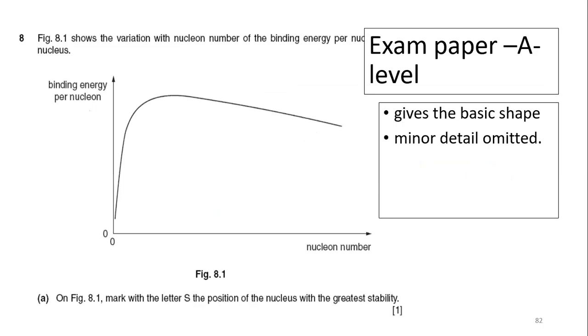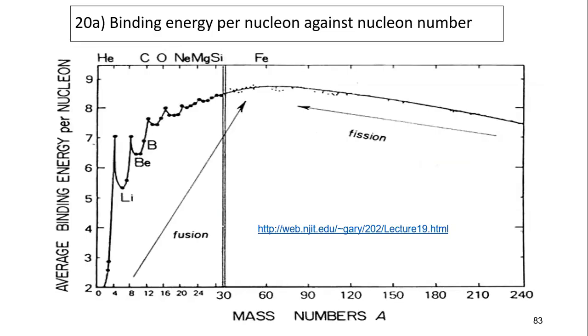Right? Usually in exam, they give a smooth curve for you. Minor detail they will meet. This is helium 4. That one is for your boron, sorry, I think it is beryllium.